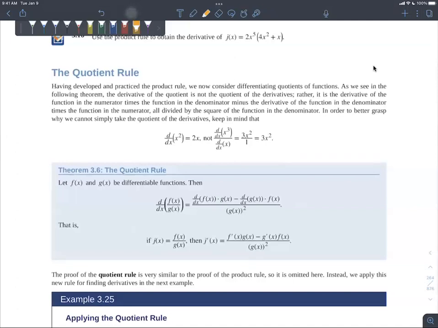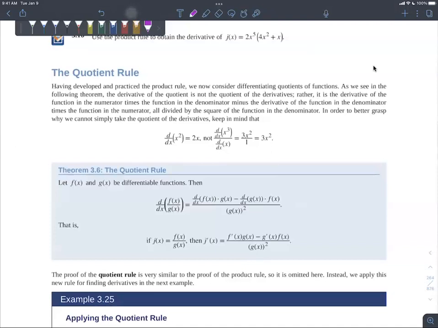Rather, it is the derivative of the function in the numerator times the function in the denominator minus the derivative of the function in the denominator times the function in the numerator, all divided by the square of the function in the denominator. In order to better grasp why we cannot simply take a quotient of the derivatives, keep in mind that, and so they give another counterexample here.